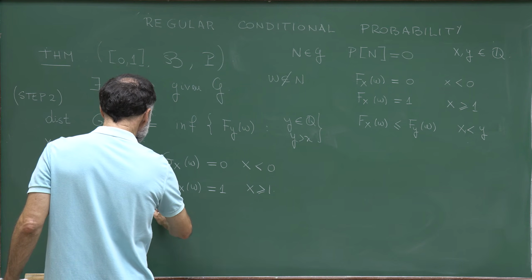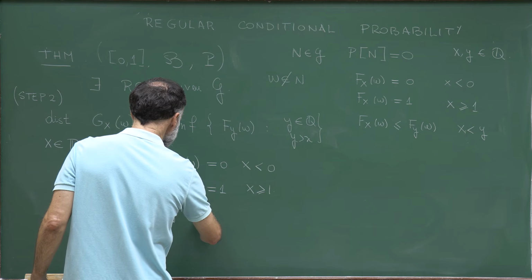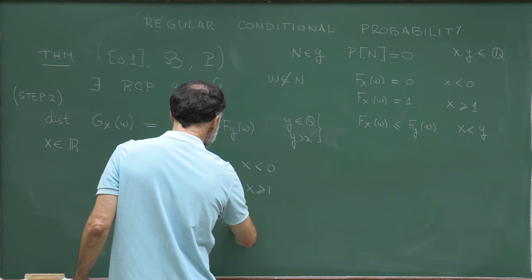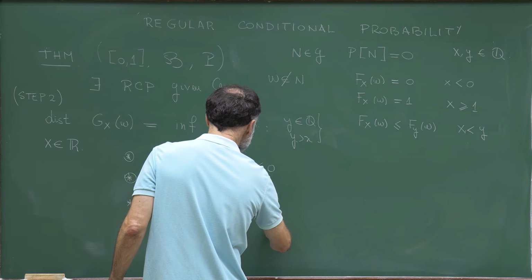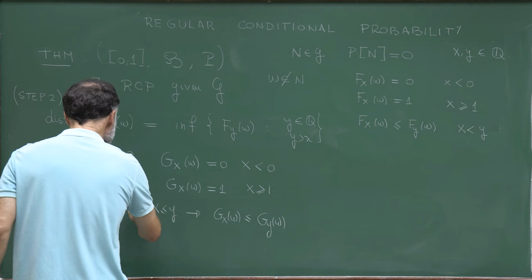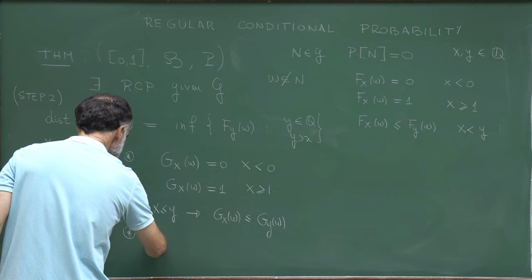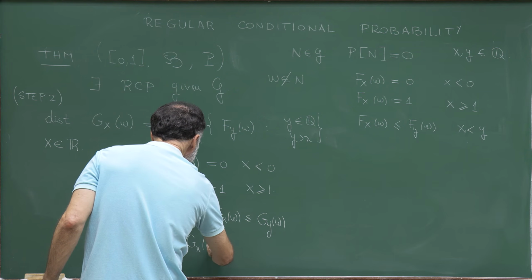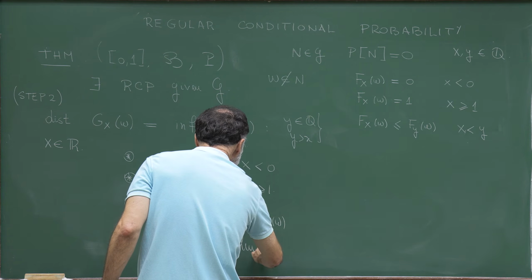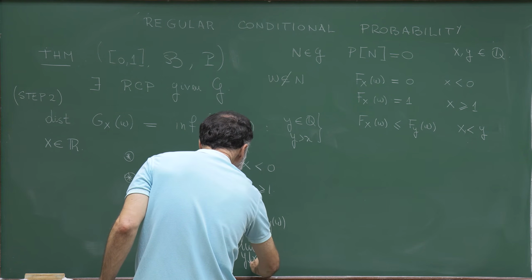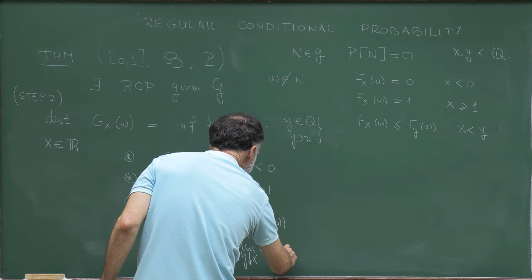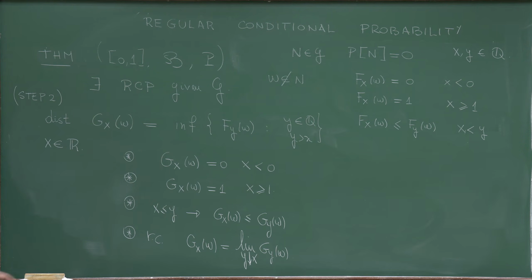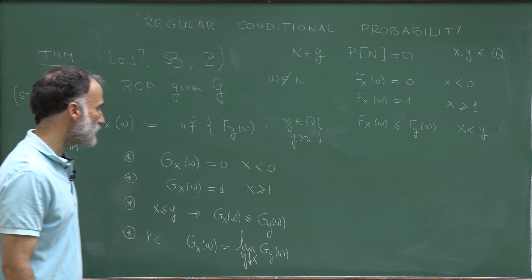It's monotone, so if x is less or equal than y, then g_x(ω) is less or equal than g_y(ω), and it's right continuous, in the sense that g_x(ω) is equal to the limit as y decreases to x of g_y(ω). Okay, so I claim that these four properties follow from these three conditions. I leave it to you to check that they all hold.